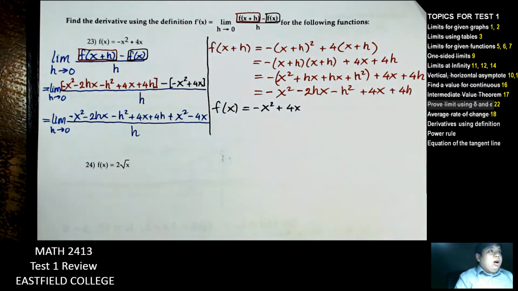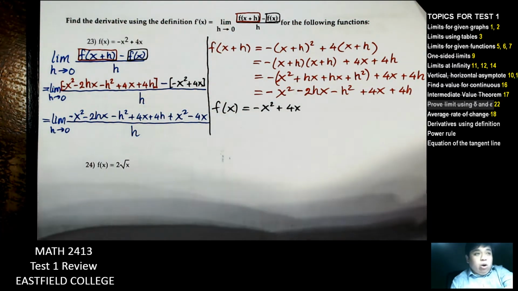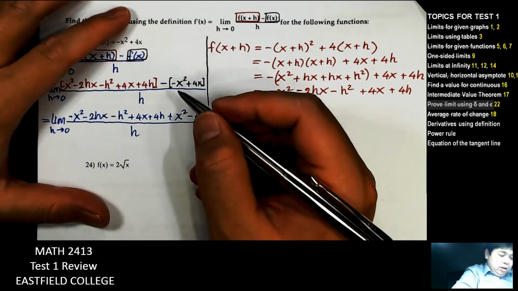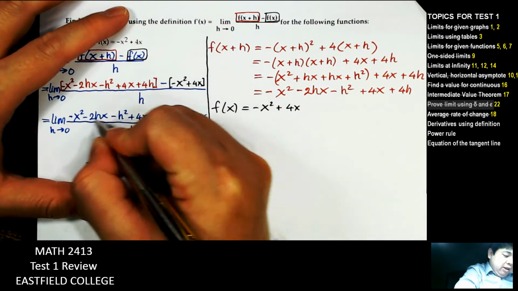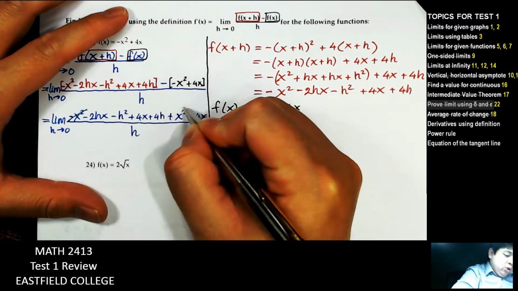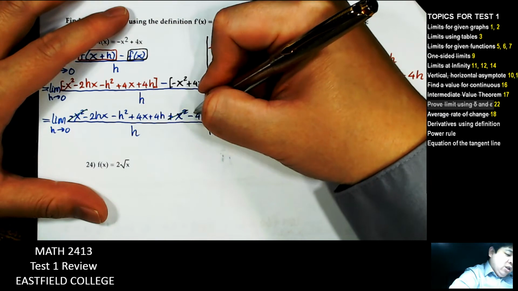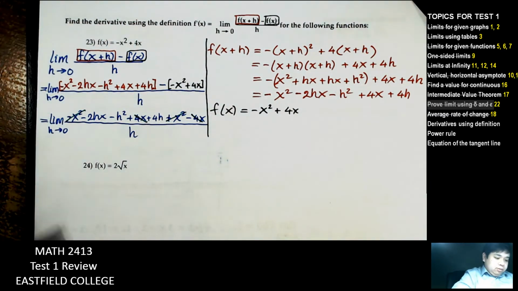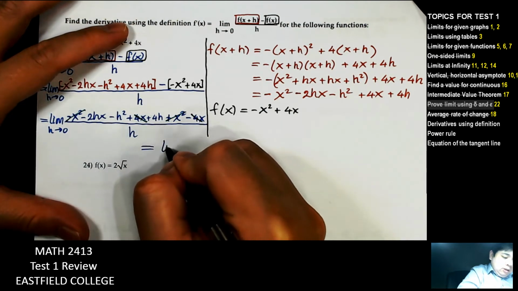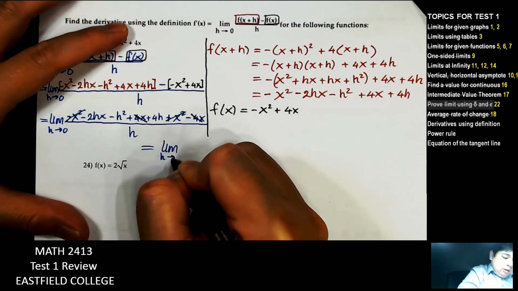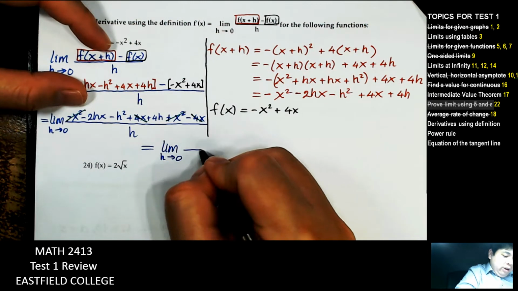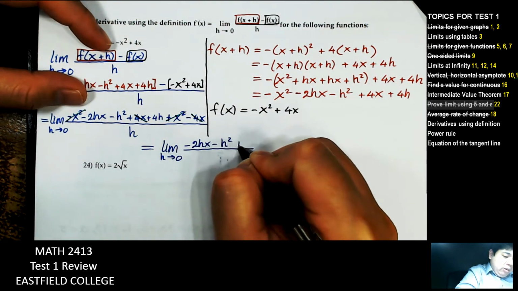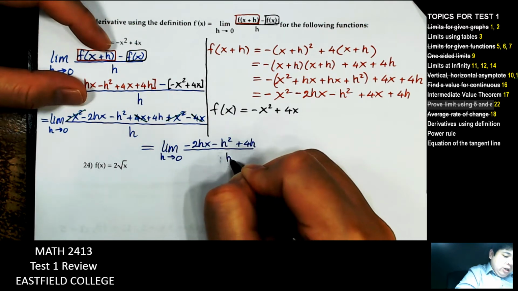A common theme here when we do the difference quotient with the limit: if it doesn't have an h, it should cancel. This one has no h, it should cancel with something.